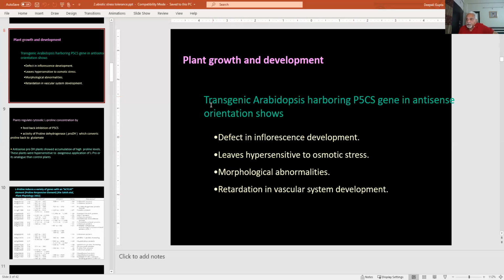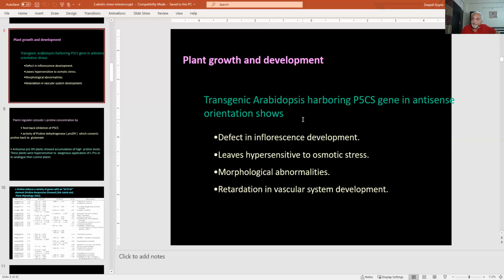So it means proline is not only required for osmotic adjustment or protecting plants against osmotic stresses, it also regulates developmental processes.